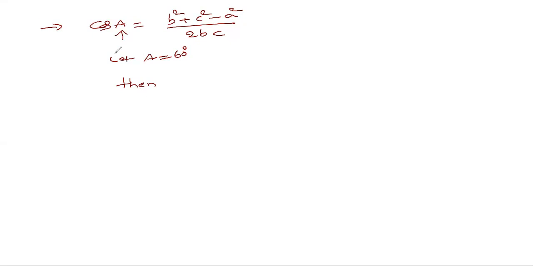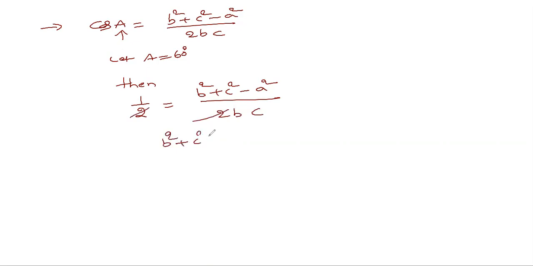Cos 60 is clearly 1 divided by 2 equals b square plus c square minus a square divided by 2bc. Here let us cancel like this. So finally we will get b square plus c square minus a square is bc. So we can write b square plus c square as a square plus bc. So take this one.